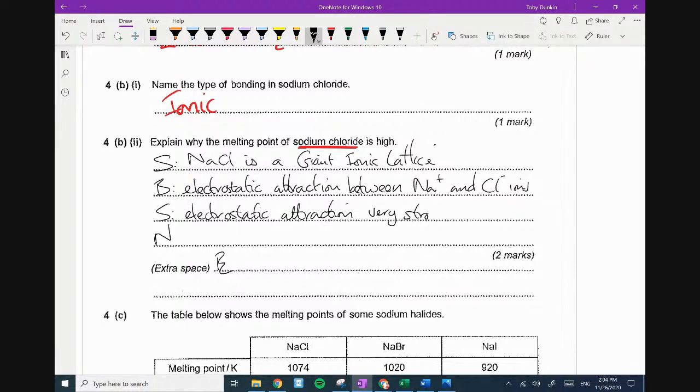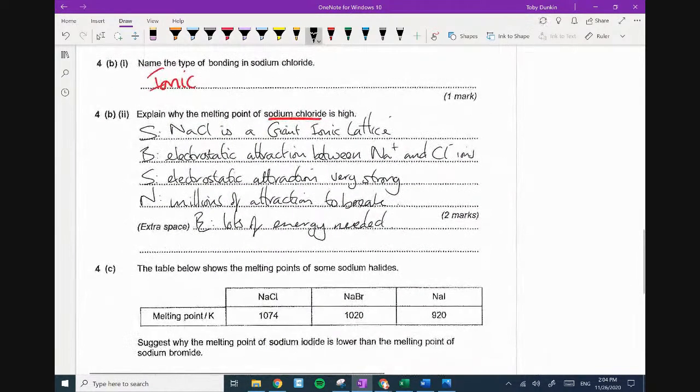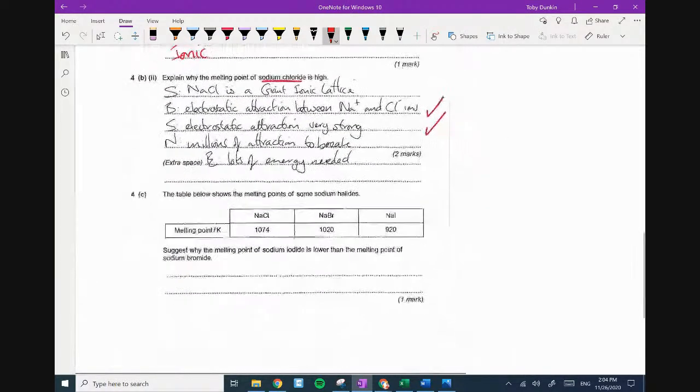I'll write as if I'm in an exam. Millions of attractions to break. If you said bonds there, it doesn't matter. Lots of energy needed. There we go. 2 marks, all 5 needed for the 2 marks. If you forget any one of them, you lose 1. So you could get 3 out of those and get nothing.